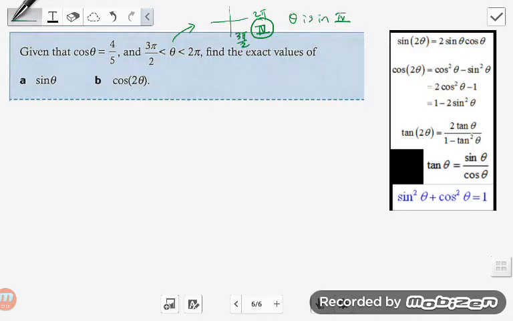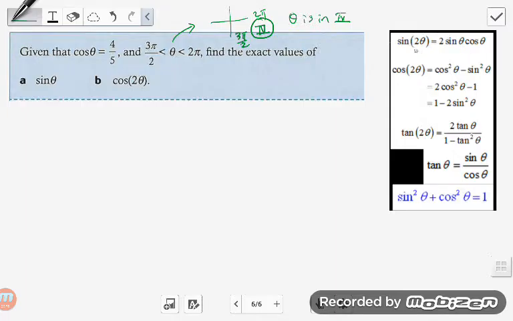Okay, now let's try to find theta first. In fact, they want us to find the value of sine theta, right? They're not asking us to find theta, they want us to find sine of theta. So I'm going to go back and look at all these formulas that I have, and I need to choose one that's actually going to help me, right?